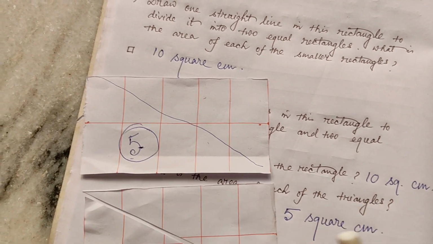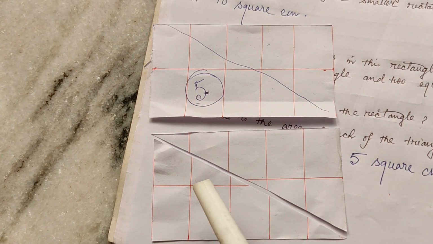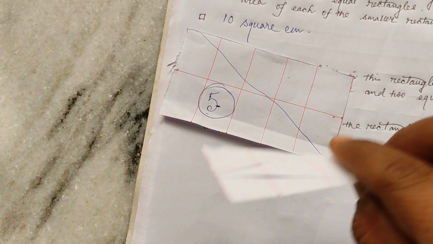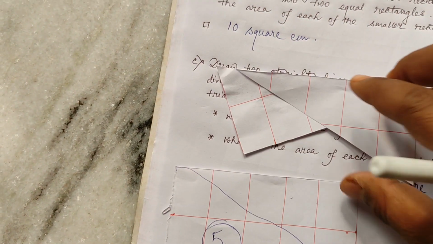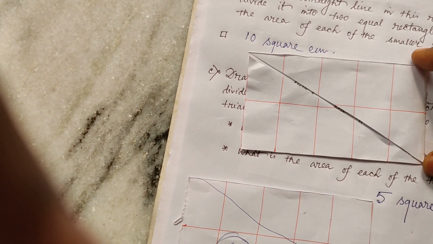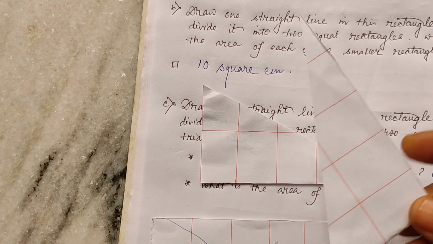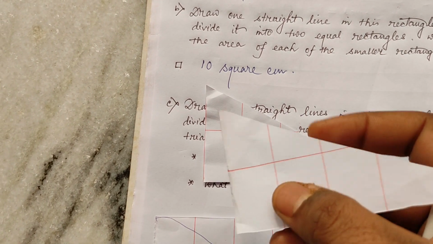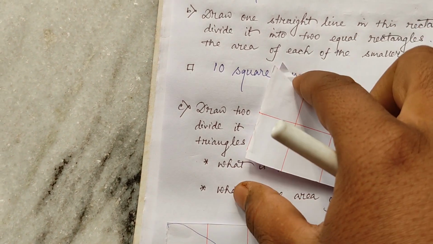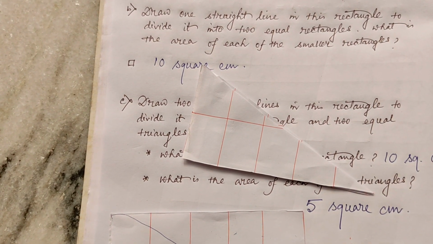So each part consists of 10 square centimeter area. Next, I have taken one part and cut along its diagonal, and there are two triangles of equal area.